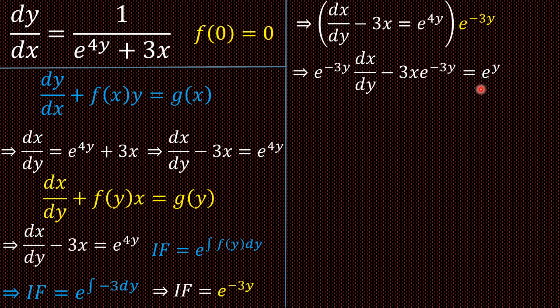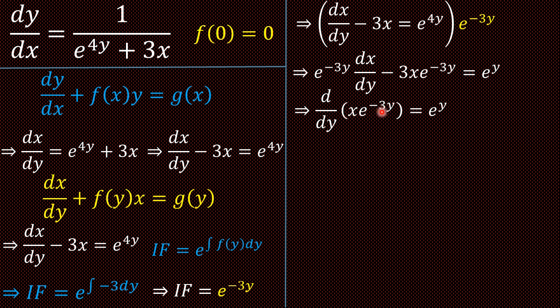Good. So friends, we can now see that this our DE now is exact, right? It is in a form that has made it exact. So we can therefore write the left hand side of this our DE, we can recognize it as what, guys? As the derivative with respect to y of x e raised to the power -3y. Why? Because if we differentiate x with respect to y, we are going to have a dx by dy, right?